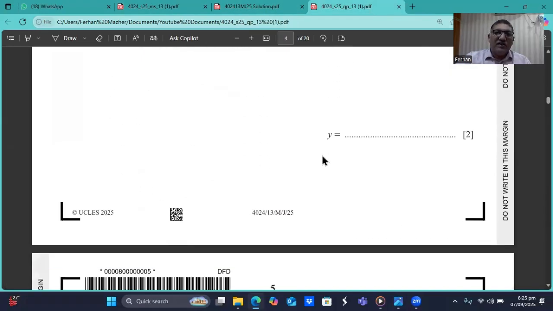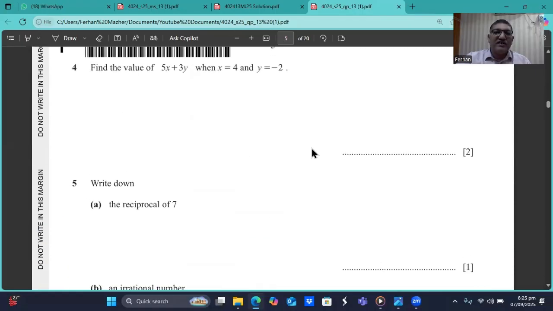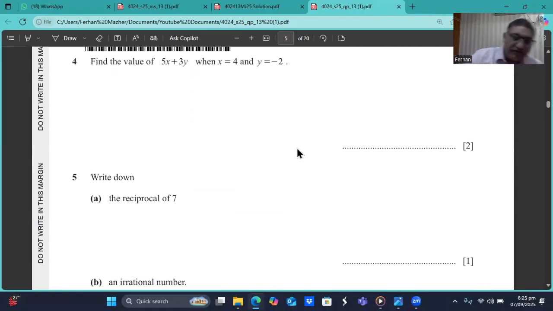Okay, so we are going to the next question, and that is question number 4. He says, find the value of 5x plus 3y when x is equal to 4 and y is equal to minus 2. Here an expression is given. The value of x is given, the value of y is given. You simply need to substitute them in that expression.